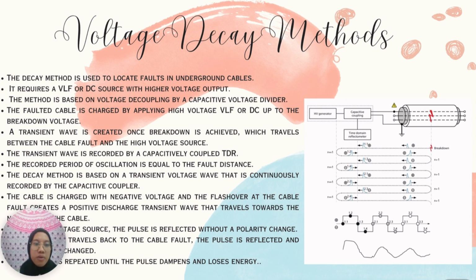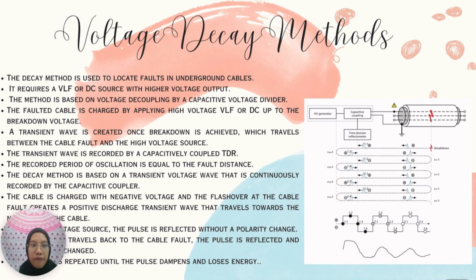The faulted cable is charged by applying high voltage VLF, or we can say DC, up to the breakdown voltage. A transient wave is created once breakdown is achieved, which travels between the cable fault and the high voltage source, and we can see that in the figure beside.